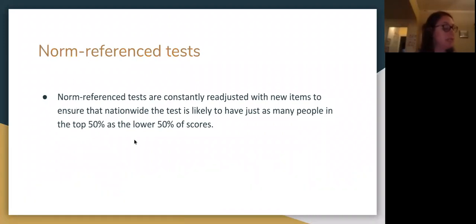Another type of test is a norm reference test. The idea of these tests is to give teachers an idea of how a school or a class or a district or a state compares to a national average as a whole. A lot of times they can use this to say things like a child is behind, but that doesn't mean anything with these tests.